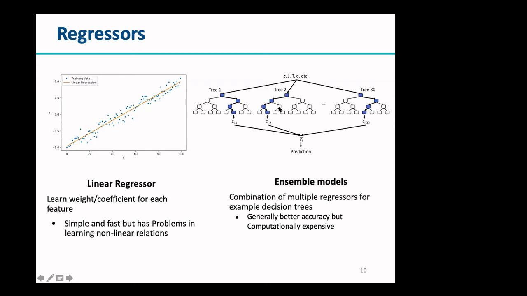Each of these is a weak regressor, such as a decision tree, and we use the aggregation of their predictions. For example, you can predict the C value based on each of these trees. And we have 30 different regressors. It is an ensemble method.